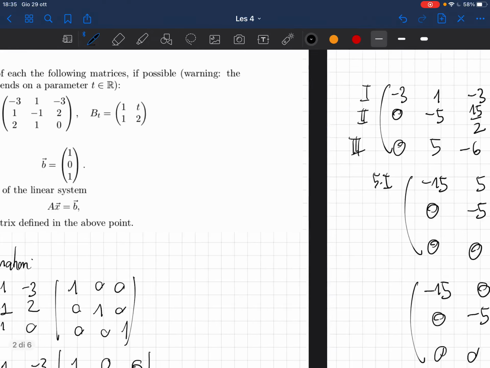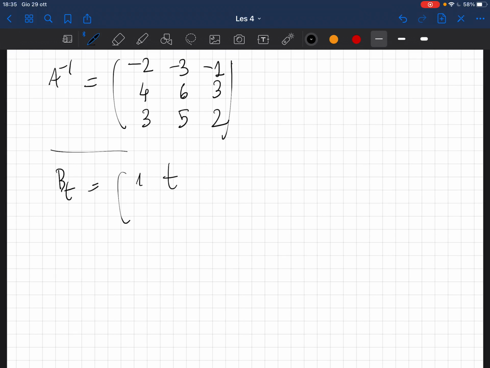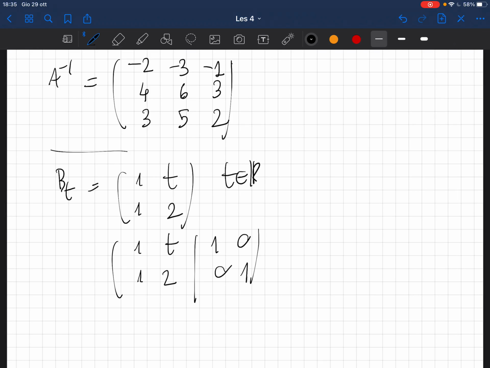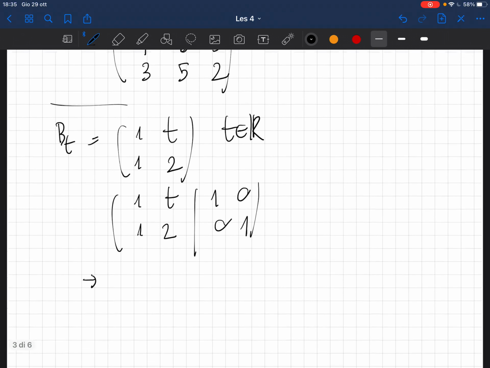Fortunately this is just a 2 by 2 matrix, so it's a little bit easier. And so again, in the same way, you put the identity here. Now we have a parameter. We have to be careful at some point, but let's start and see what happens. So here it's kind of easy.